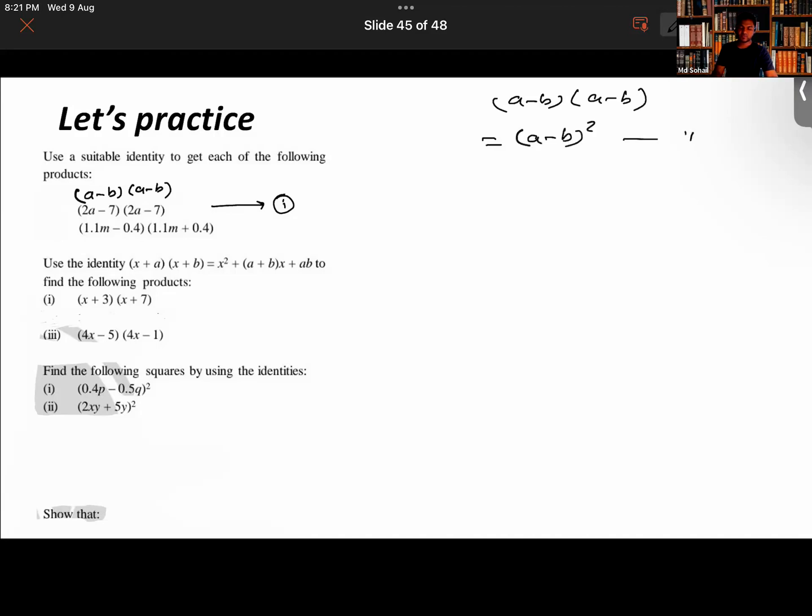So using that we can solve it. And for the second one, Arham, you tell me. A plus b into a minus b equals a square minus b square. Exactly, very good. So both of you solve it quickly.